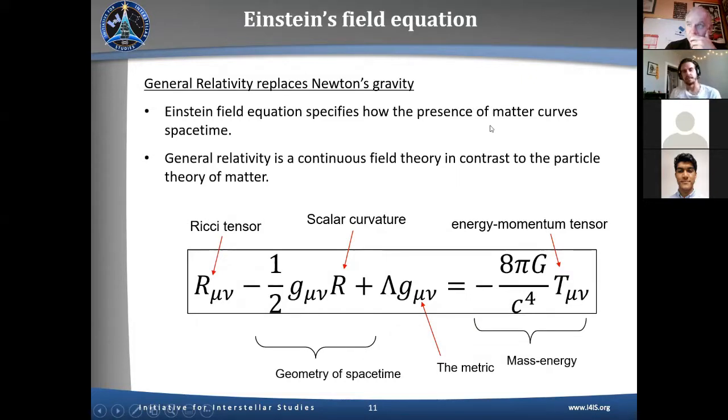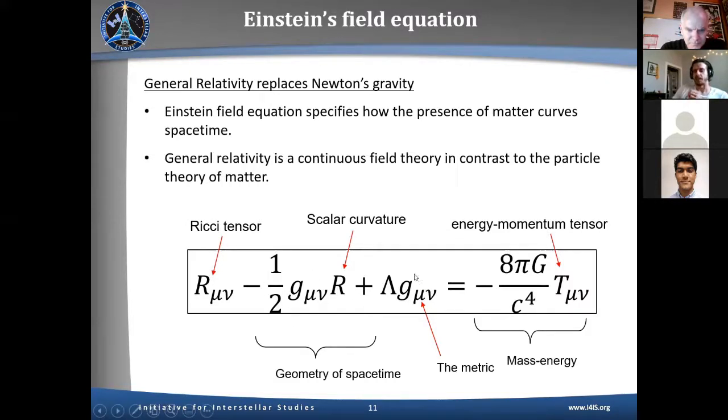To give you an idea of the different concepts that go into general relativity, which is not strictly necessary to talk about some of the propulsion concepts, but maybe also so you can look at stuff that people present to you and have a better understanding of what they talk about. When we replace Newton's gravity or Newton's laws of motion, we need the Einstein field equation, and this is a continuous field theory. What is important in this equation is that you have the geometry of space-time encoded in this term.